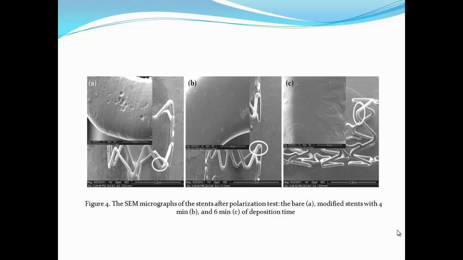Comparing the different morphology stents in figure 4 here, some pits can be observed in figure 4a on the left, which indicates corrosion, and some friction can be observed in figure 4c on the right, which indicates the certain thickness has a good protection.